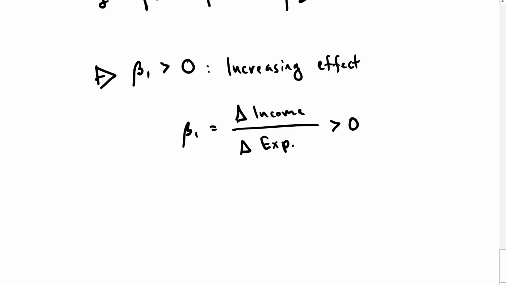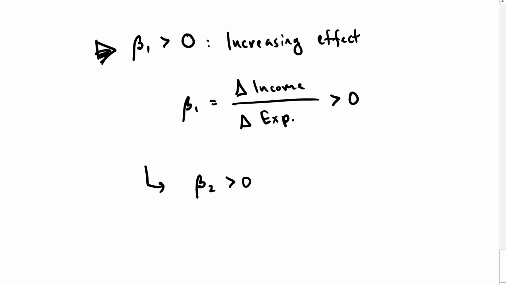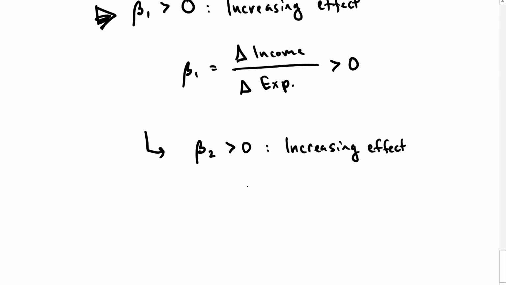But then the beta 2 effect, this could be positive or negative. If it's positive, we're going to have an increasing effect at an increasing rate.